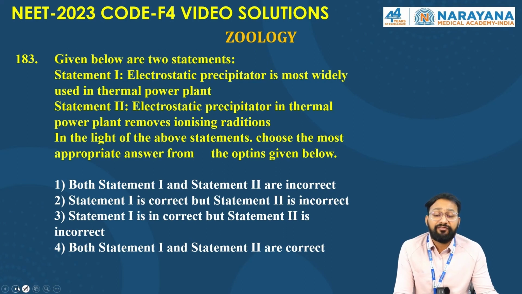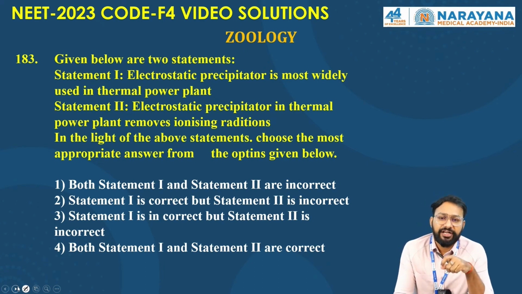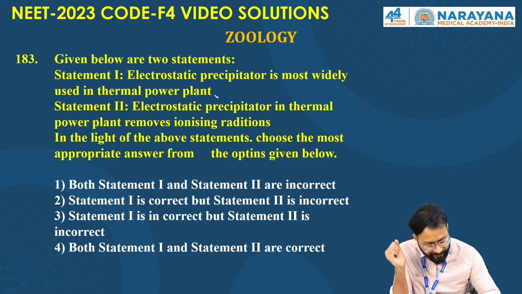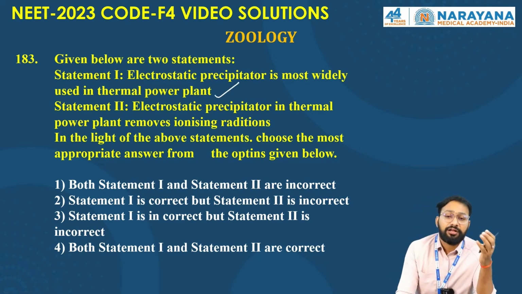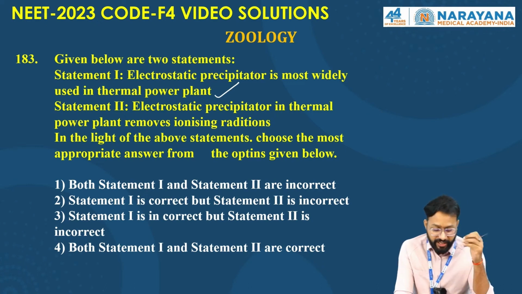It is from the environmental issues, right, from air pollution. Statement 1. Electrostatic precipitators are most widely used in thermal power plants, which is correct. Right? The pollutants that come out from it, in order to remove the particulate matter, these electrostatic precipitators are used.